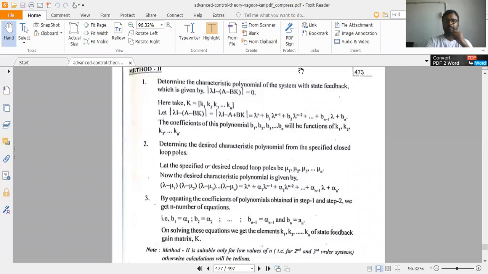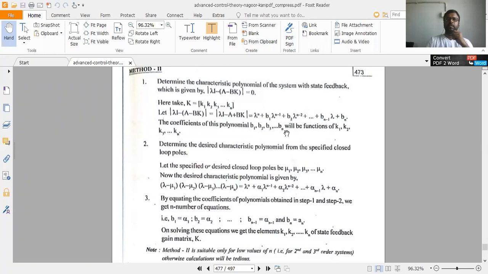Make sure about this point: the coefficients of the characteristic equation should be functions of the elements k1, k2, k3 and so on up to kn.